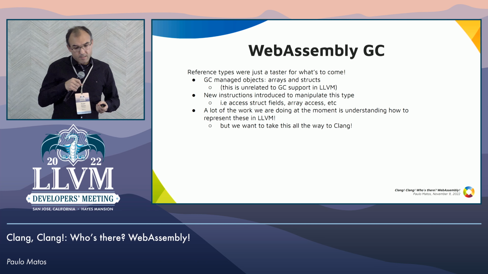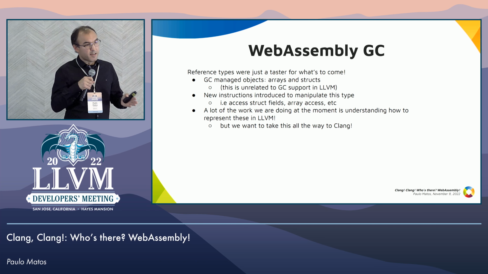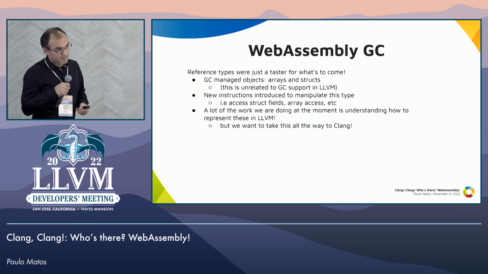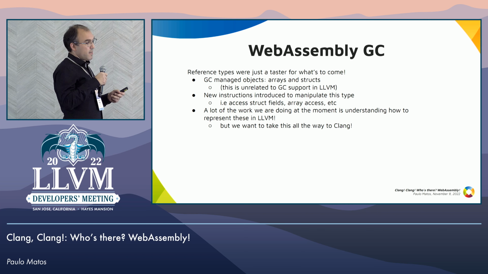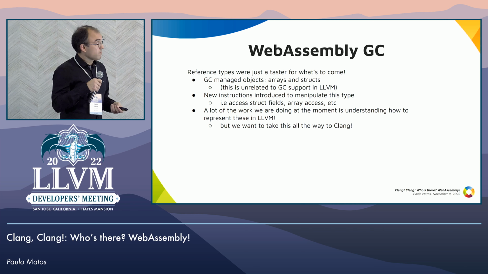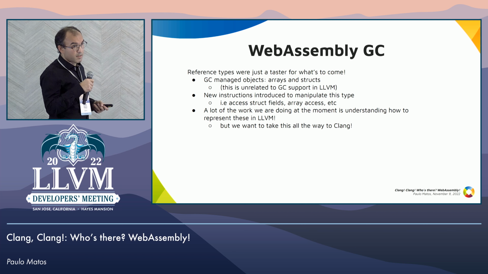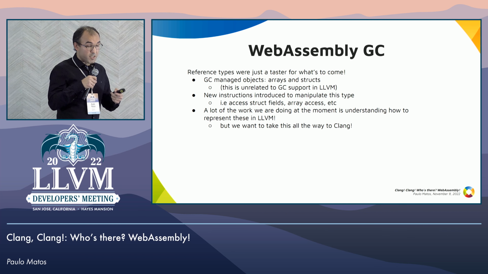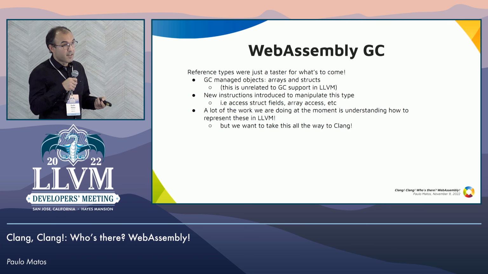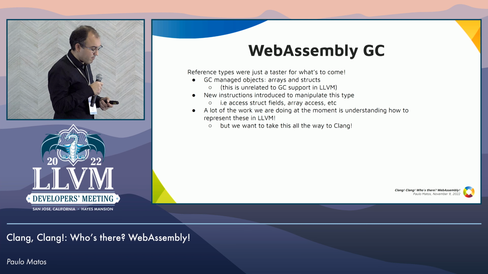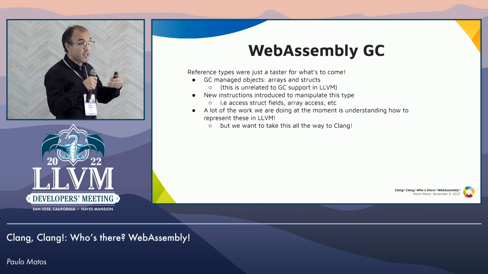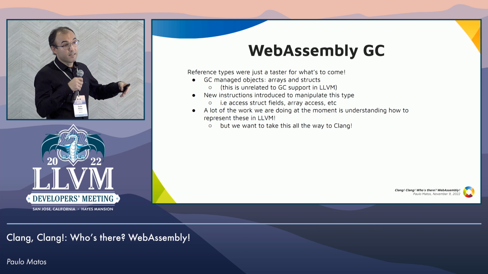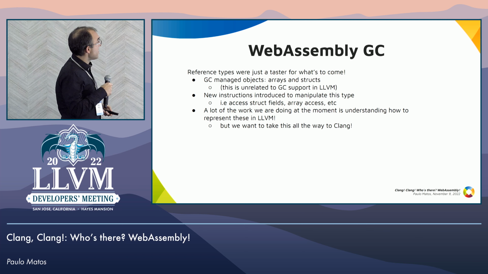Okay, so our problems don't end here because there is a new proposal called WebAssembly garbage collection. The WebAssembly garbage collection is a proposal that's introducing the definition of new types, that's array and structs. What this means is that now we can create types in WebAssembly that are garbage collected in the host system.